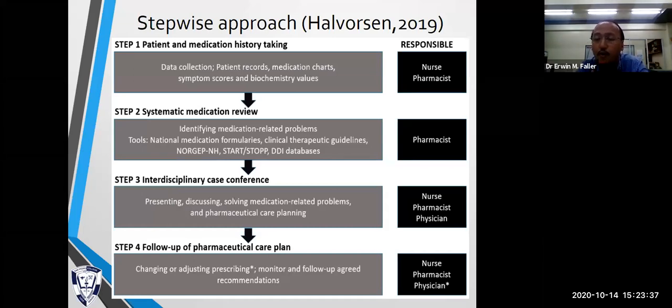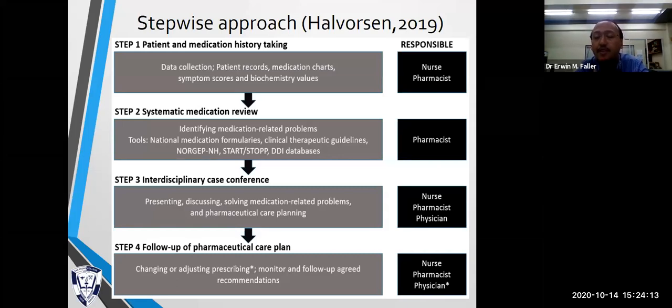But usually in the community setting, the patient doesn't bring the laboratory or biochemistry values. It's mostly in the hospital setting. We may have the collected data, whether subjective or objective, that needs to be clarified. If the data is not clear, don't hesitate to collect more for the benefit of your patient.